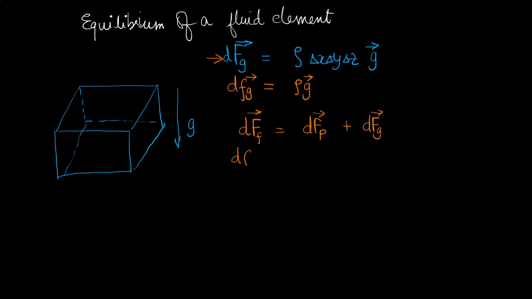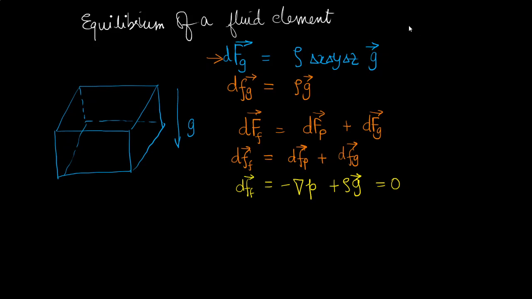So d small f on the fluid element is equal to d small f p plus d small f g, and this is equal to minus gradient of pressure, and this particular term is plus rho g vector, and at equilibrium this will be equal to 0.